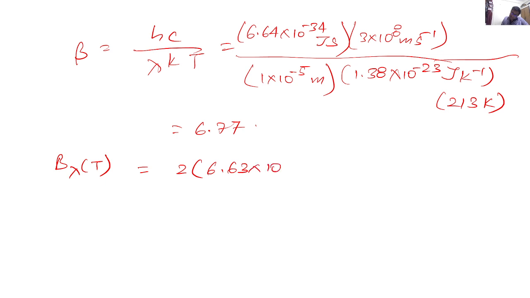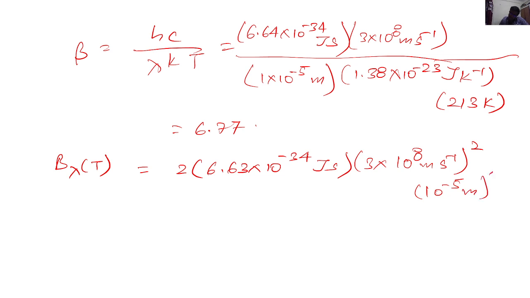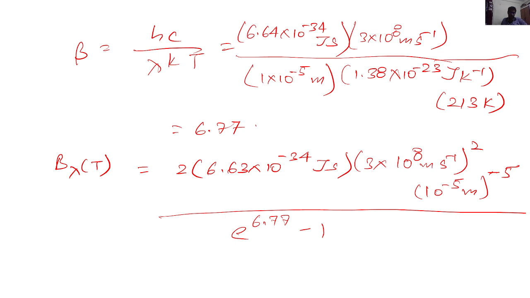Now B lambda T would come out to be 2hc square into lambda power minus 5 by exponential minus 1, with h as 6.63 into 10 power minus 34 joules second and c as 3 into 10 power 8 meter per second squared, lambda as 10 power minus 5 meter, divided by e to the power 6.77 minus 1.